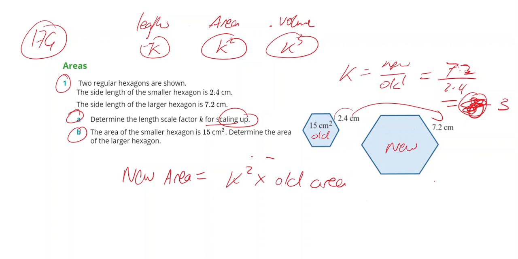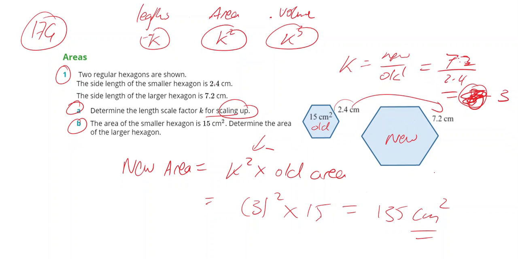Okay, because to scale up an area, you need to multiply by K squared. So K squared happens to be 3 squared because our K was 3. Times our old area 15, you should get 135 centimeters squared on your calculator. Okay, because area we have to have squared.